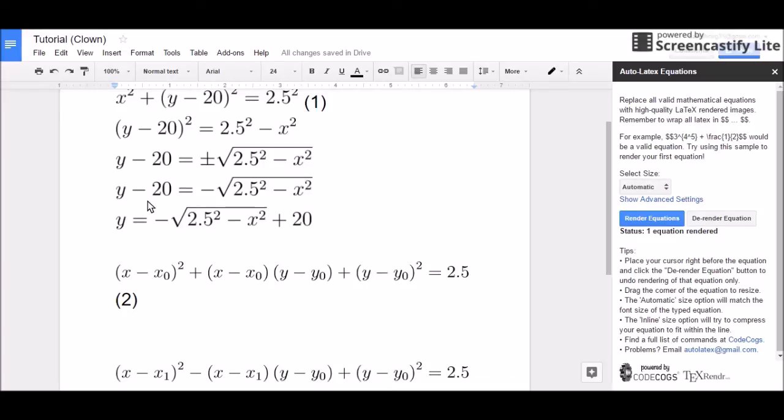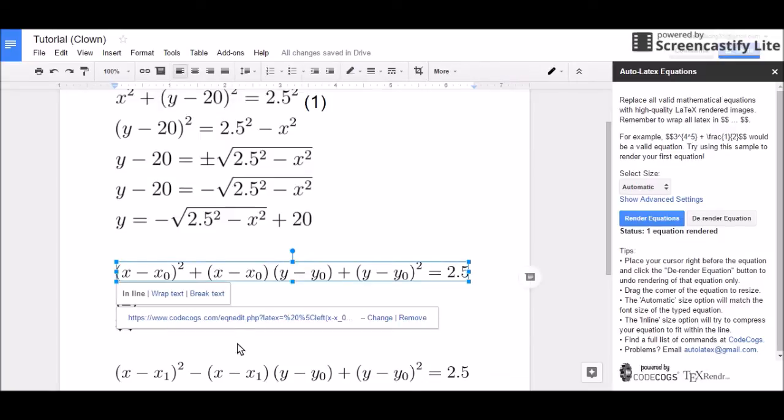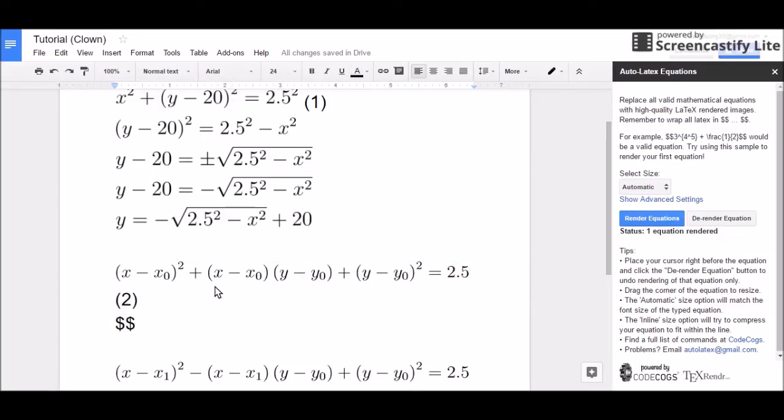All right, so first thing, hope this is intuitive. We're going to subtract x minus x sub 0, the whole thing squared. So it's going to be 2.5 minus, so it's going to be x minus x0, y minus y0.